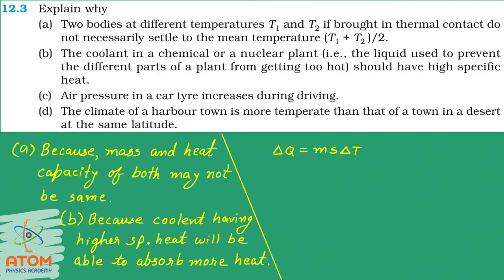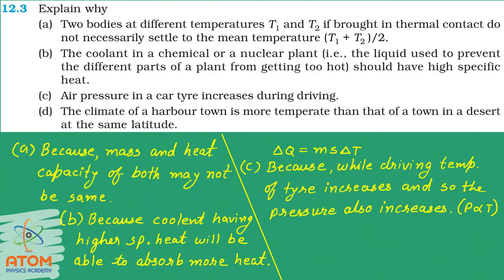Now see, air pressure in a car tire increases during driving. The answer is simple: while driving, the temperature of the tire increases and so the pressure also increases, because we know that pressure is proportional to temperature. When we are driving, the tire will have jumps and bumps.